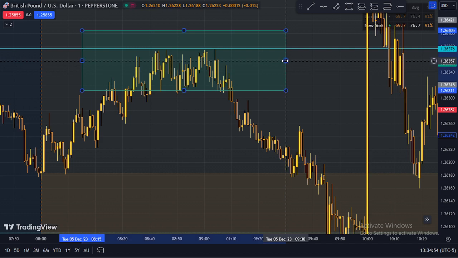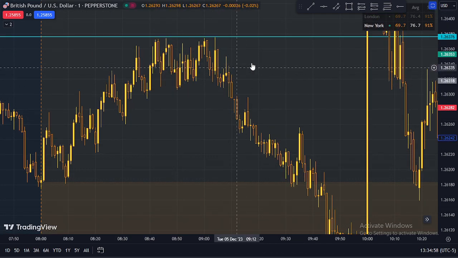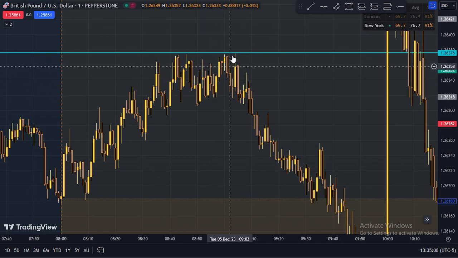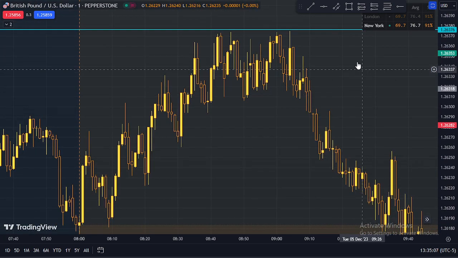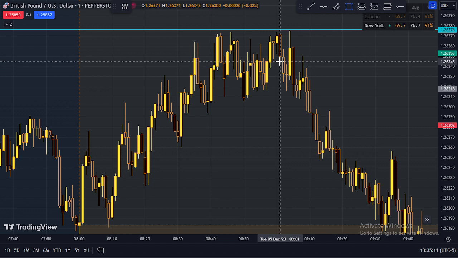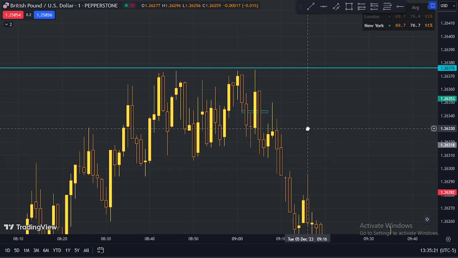I usually mark the 15 and above fair value gaps so that if I'm in a 1 minute chart, I could actually see what's happening. Now for the folks that know about the 2022 mentorship, this very small gap, very small, could have used that for your entries.